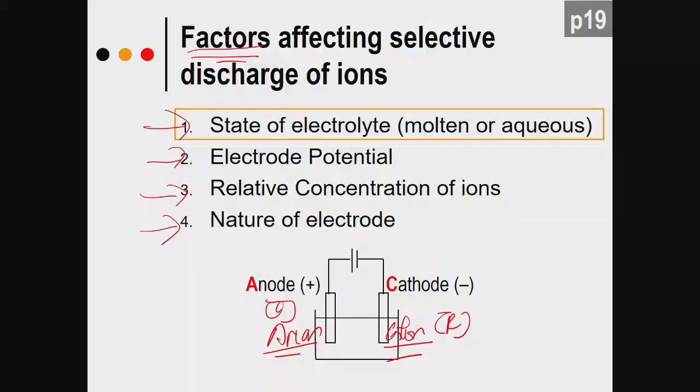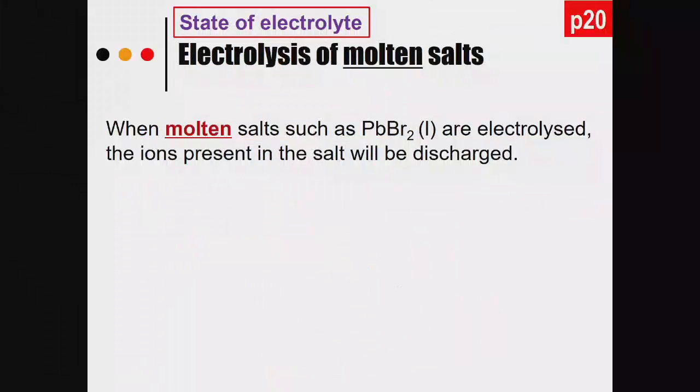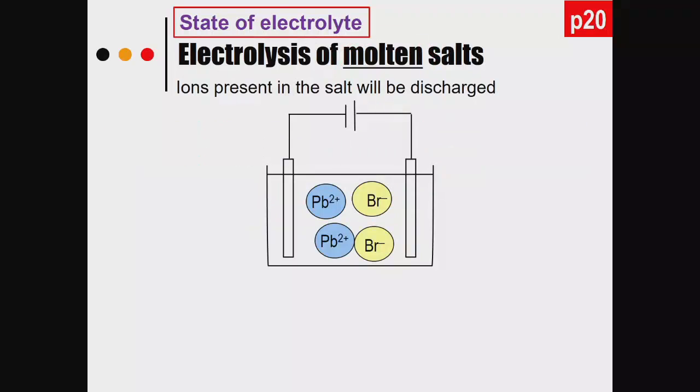We'll first focus on the state of the electrolyte. If your electrolyte is just molten, that means it's just a liquid electrolyte. In this case, liquid lead bromide. So in liquid lead bromide, the electrolyte only consists of Pb2+ and Br-. If you only have one type of cation and one type of anion, it's very simple. Only that cation and only that anion will be reduced and oxidized.